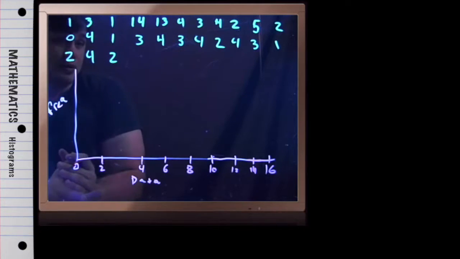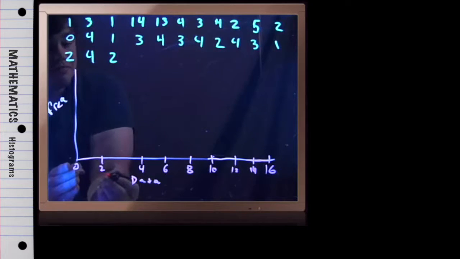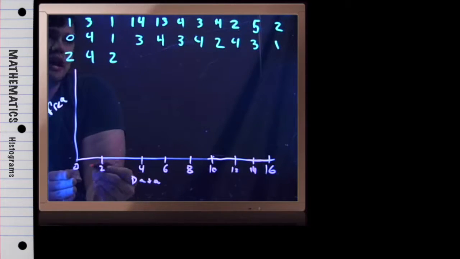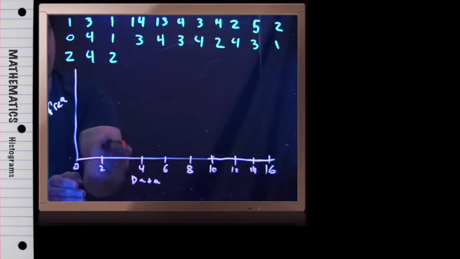So now we go ahead and take a look at our information. Now this first bin, what you do is you find all the numbers between 0 and 2, not including the upper bound. So not including 2 itself. And you're going to make this bar that we're about to make as tall as that.